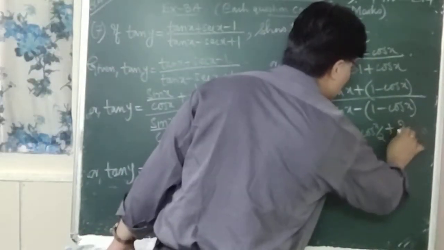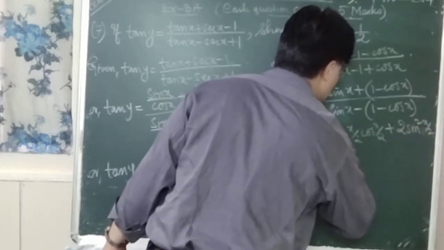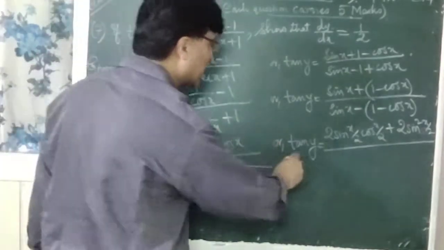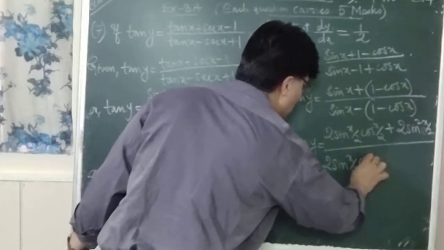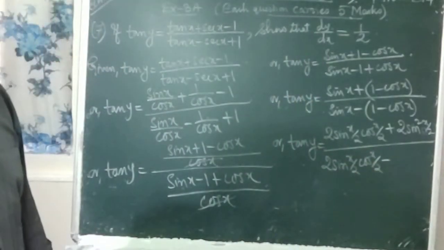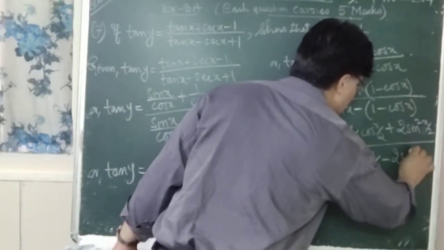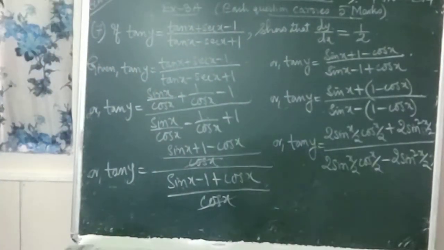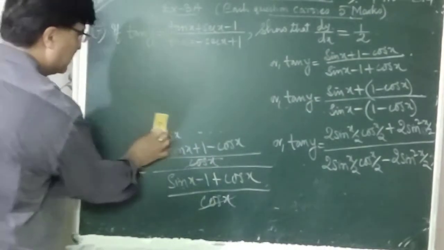It is 2 sin square x by 2, divided by 2 sin x by 2 cos x by 2 minus 2 sin square x by 2. Is that clear now? Now let us simplify it again.